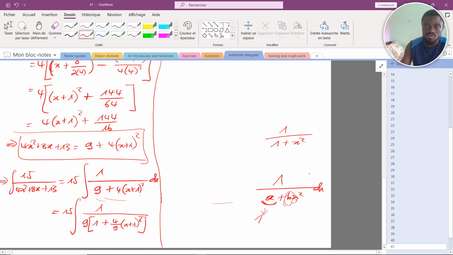Very good. Now, what is the next step? We already have 1 here. The next step is to bring all that stays outside here inside the square. So we have to do everything possible for this 4 on 9 to go inside here. And our technique is that we take the square root of this, all squared.